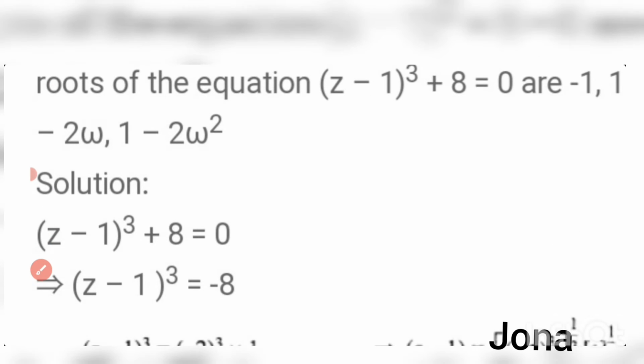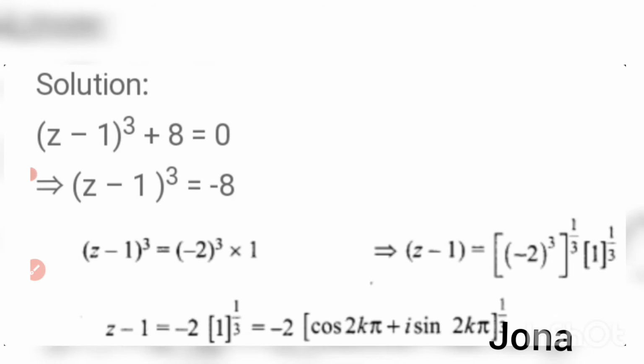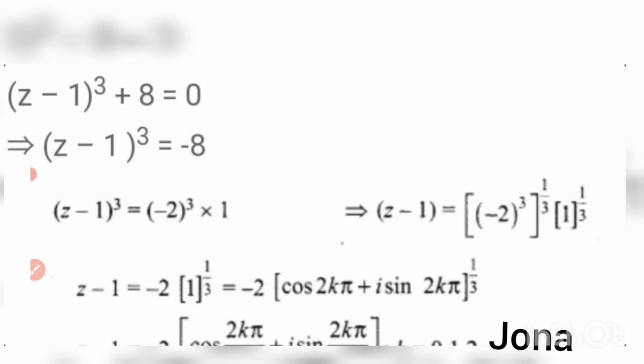Let me take the equation first. (z minus 1) the whole cube plus 8 equal to 0. Here I can take this plus 8 to the other side, it becomes minus 8. This minus 8 can be written as (minus 2) cube.